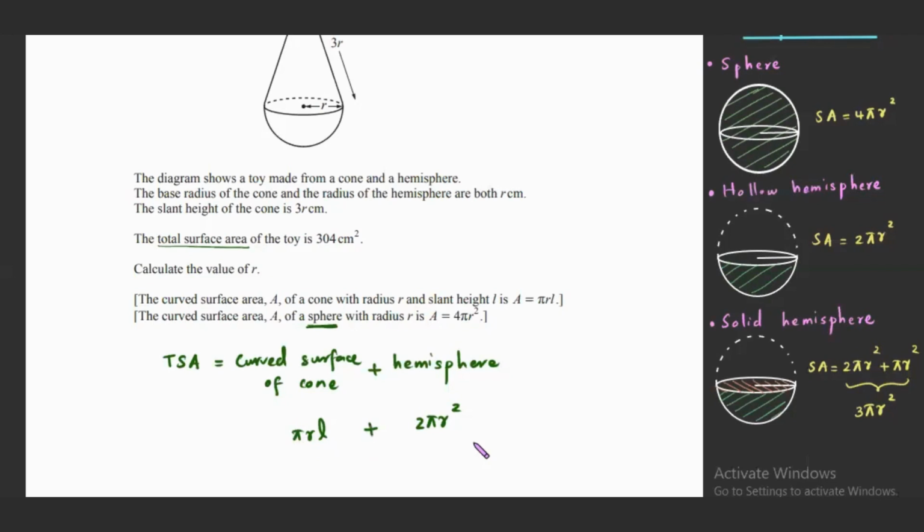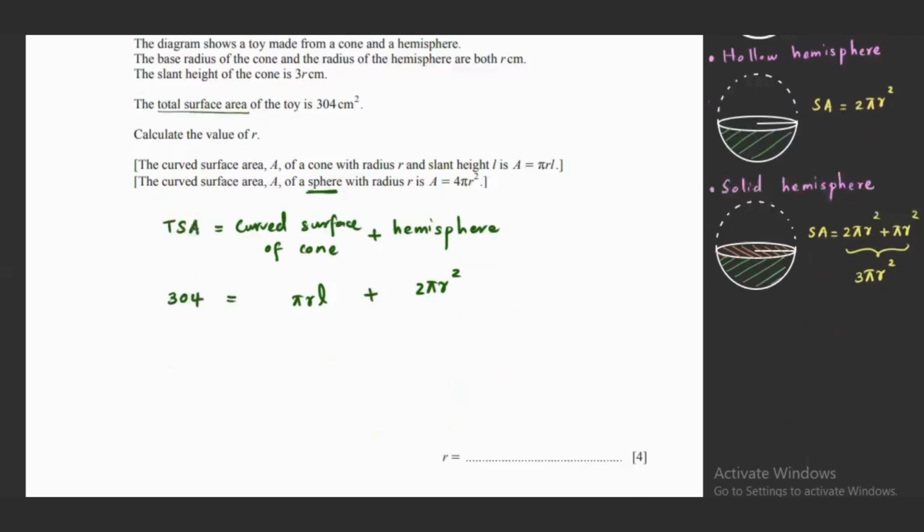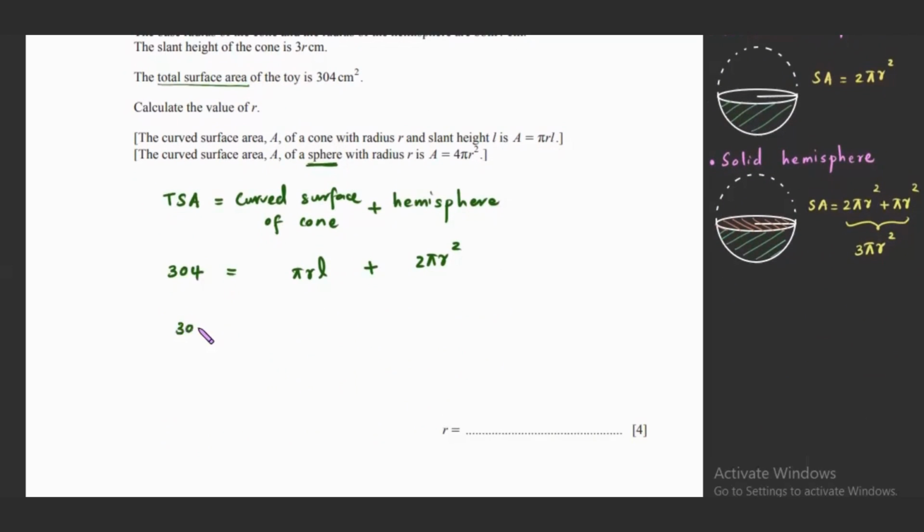And I've got to substitute the values and find what we are asked to find here, which is r. The total surface area is already given to us in the question, which is 304. So I can say that this 304 is equal to pi times the radius of the cone, which is r. The slant height of the cone is given to us as 3r.